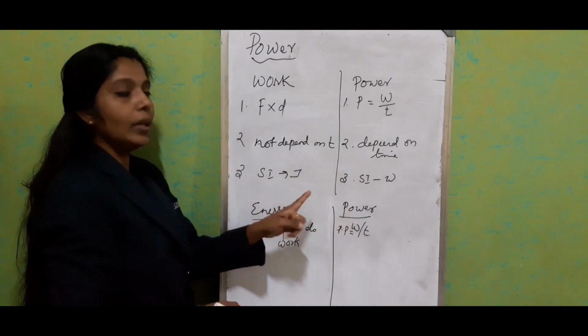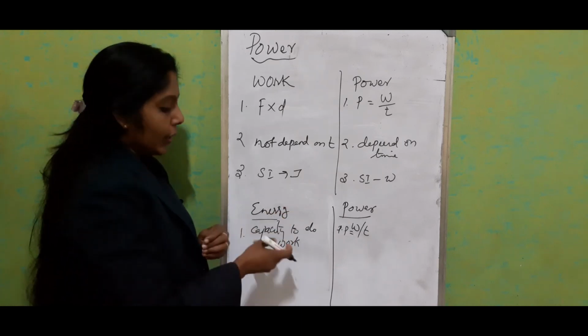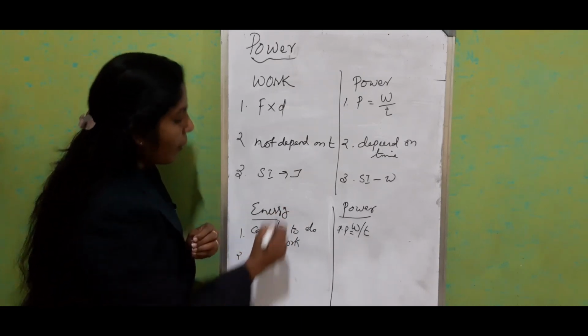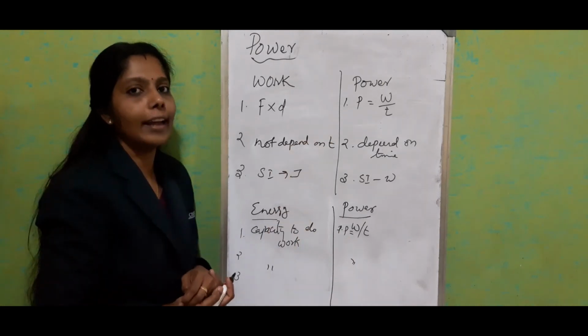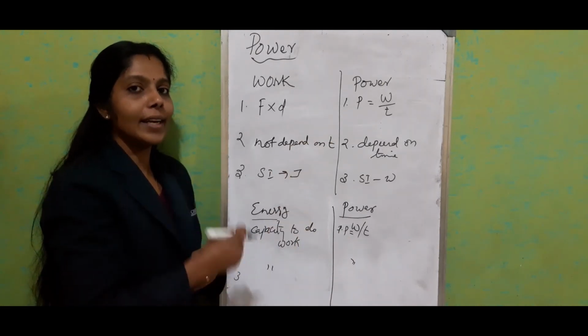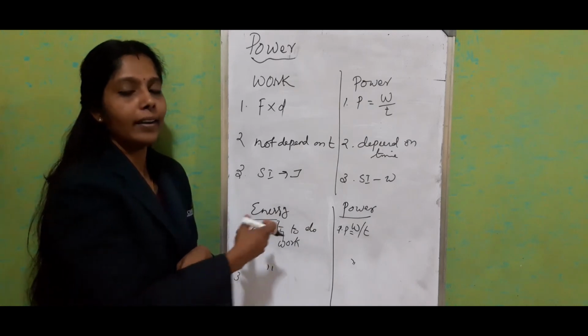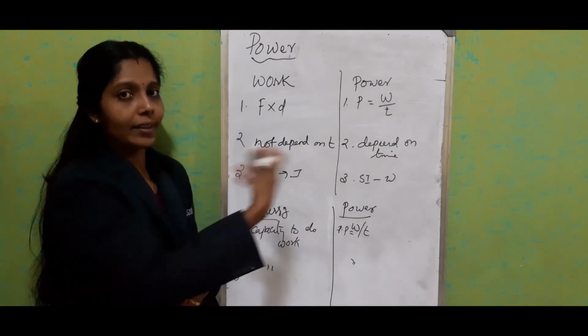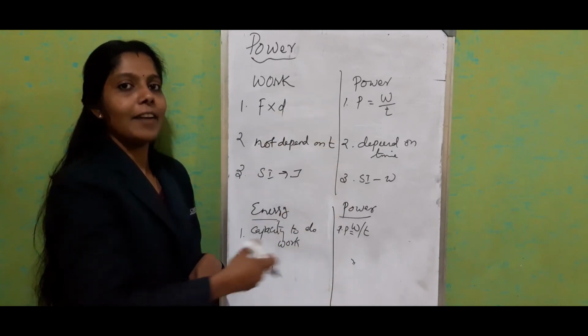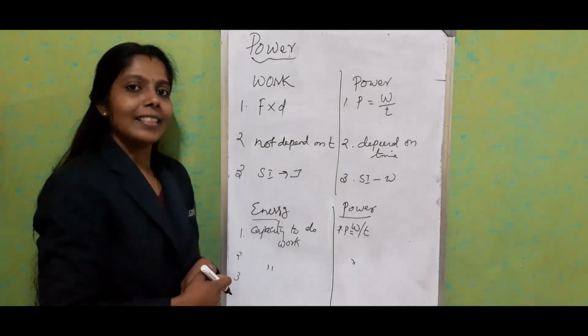Third, the units are joule and watt. Points 2 and 3 are the same as the differences between work and power, so you only need to study the first part, the definition. Energy is the capacity to do work. Thank you.